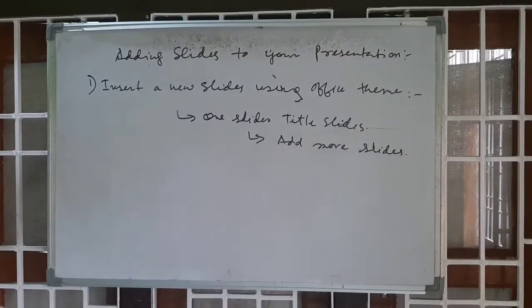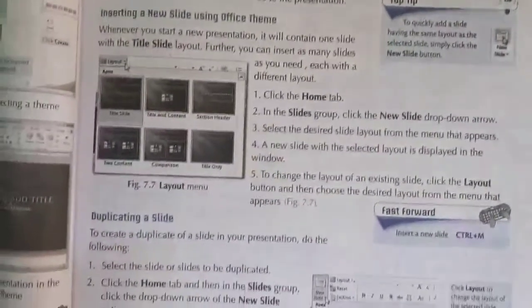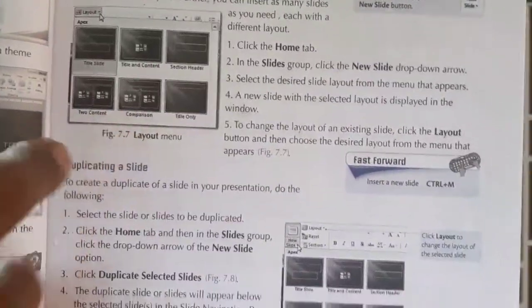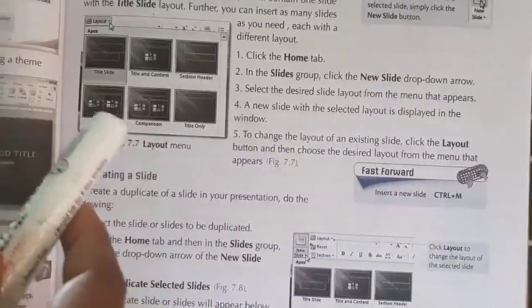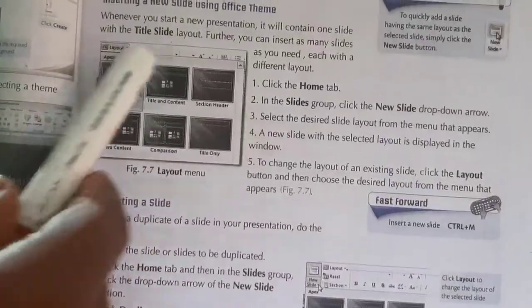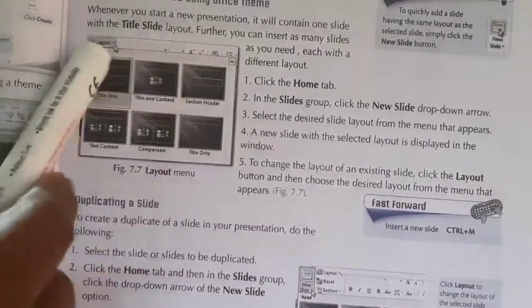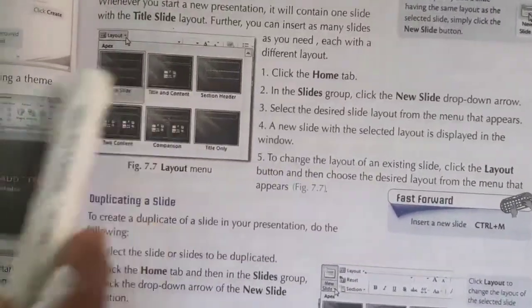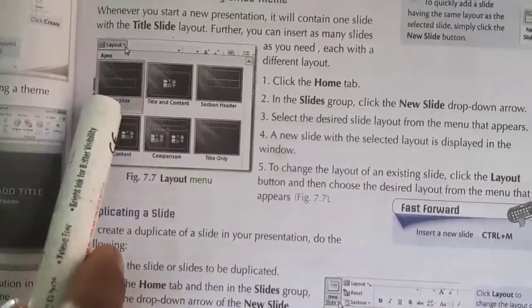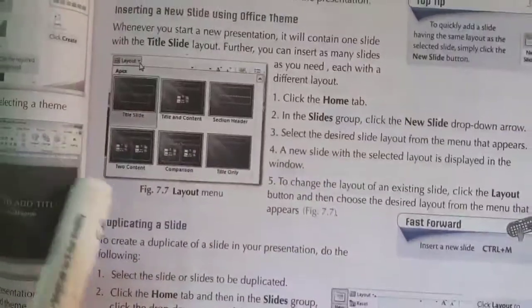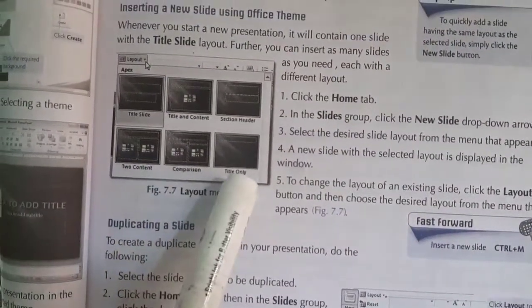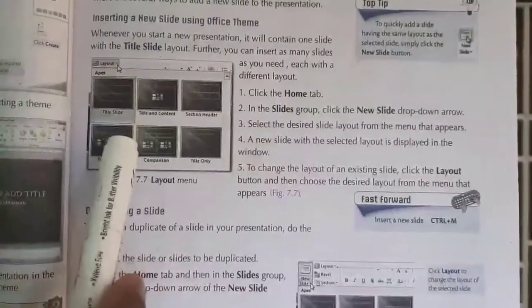You can see this is the book. You can see here, this is the layout menu, and this is the title slide. In the layout section you can select any layout: title and content, section header, title slide, two content, comparison, title only, whatever you want.